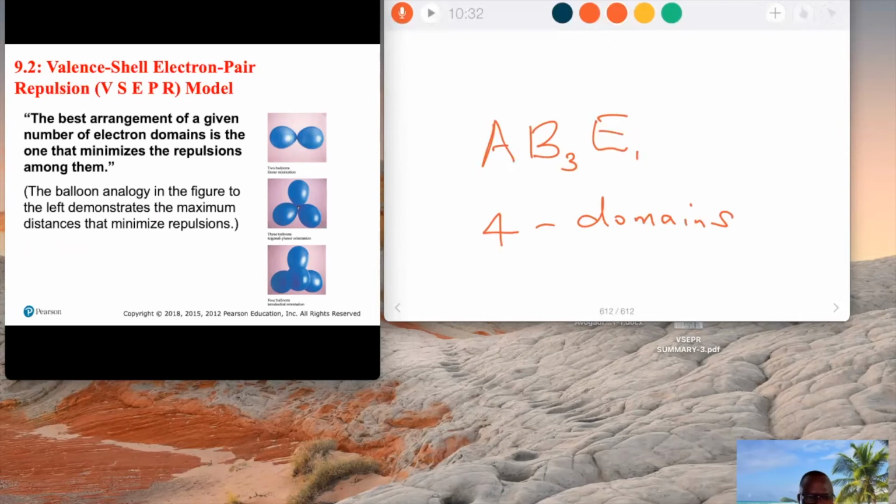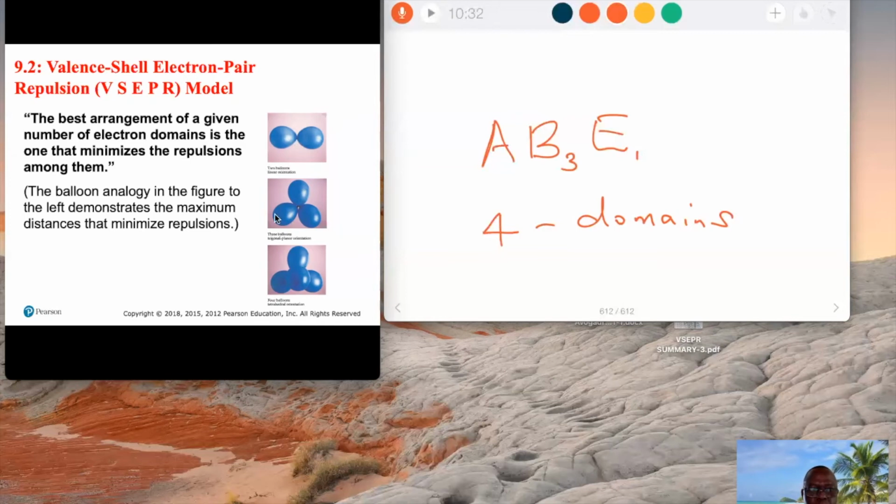Let's see how the valence shell electron pair repulsion model works in terms of shapes, assuming the linear, using two balloons as the electron domains.